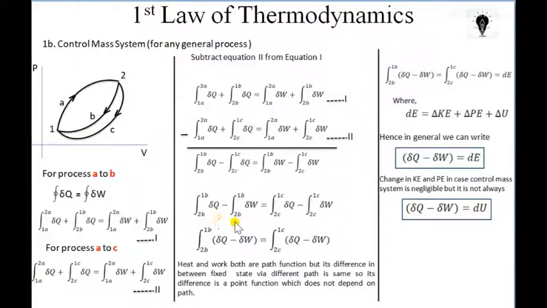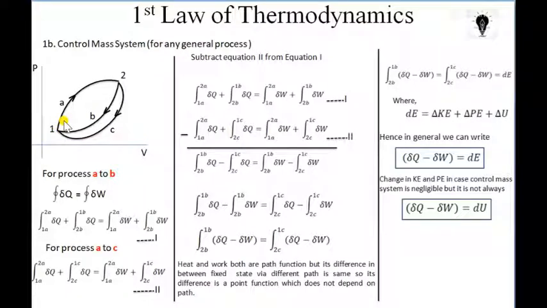Then how can the difference of two path functions belonging to two different paths be the same? It is so, and it says that a difference of two path functions is a point function, because those paths are drawn between two common points, that is, two common initial and final states.